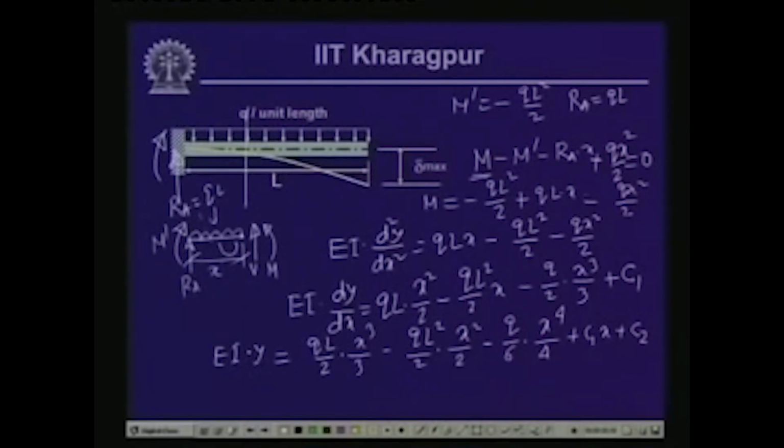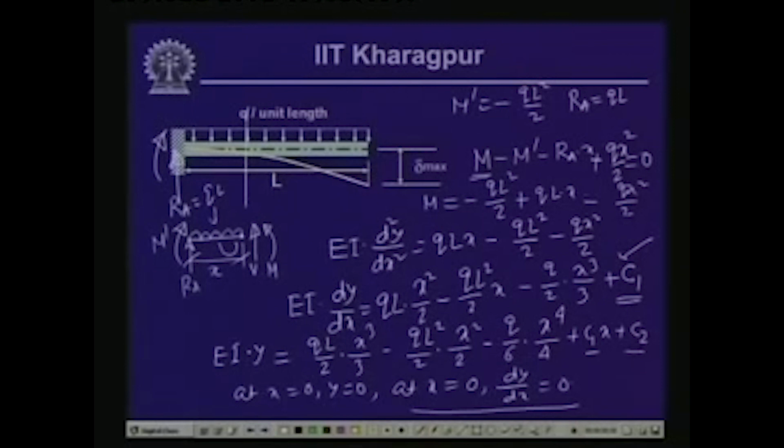Now, C1 and C2 are the two unknown constants which are to be evaluated from the two boundary conditions, and the boundary conditions here are at x equals 0, y equals 0, and also at x equals 0, dy/dx equals 0. If we substitute dy/dx equals 0 at x equals 0, that gives us C1 equals 0, and substituting y equals 0 at x equals 0, we get that C2 also equals 0.